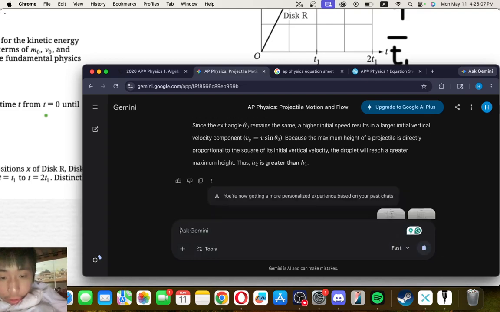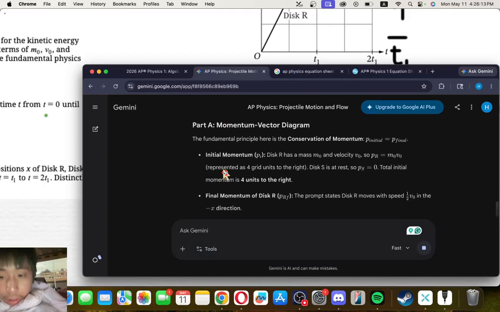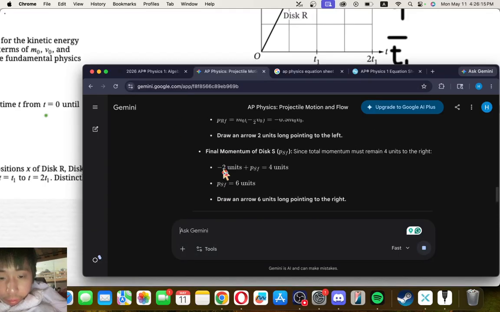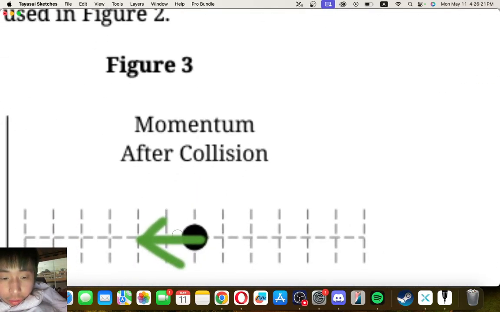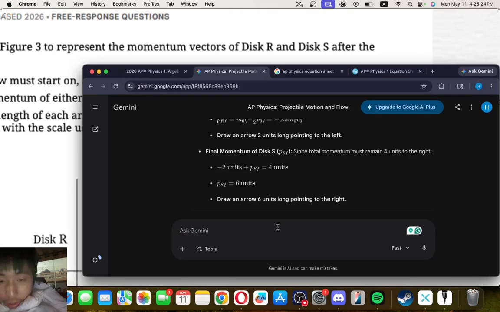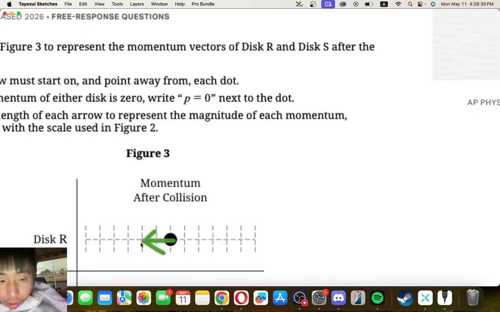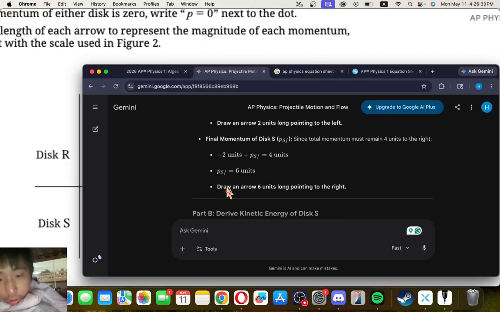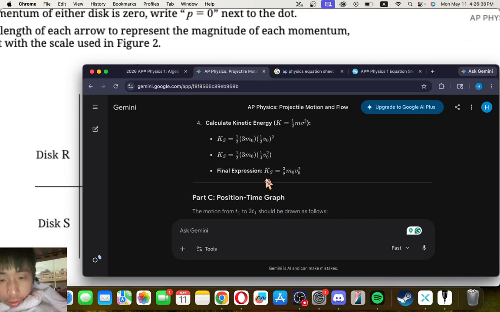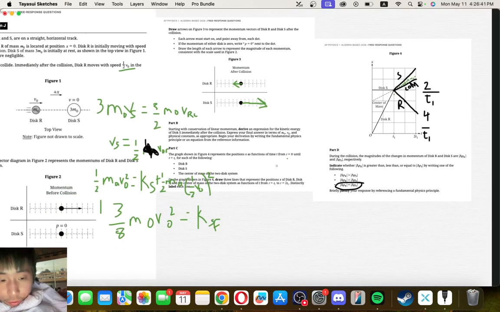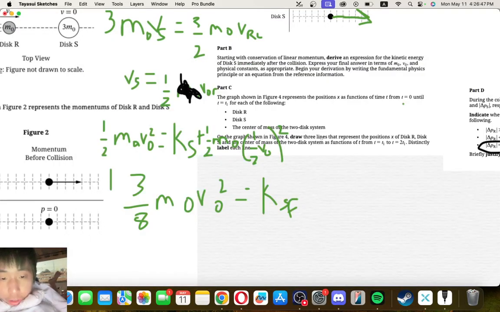Let's see if I'm right. Let's see, so 6 units, 4 units. Did we do that? 2 long to the left, yep. 6 long, we did 6, okay. Yada yada, 3/8. Yup, there you go. Time graph position.